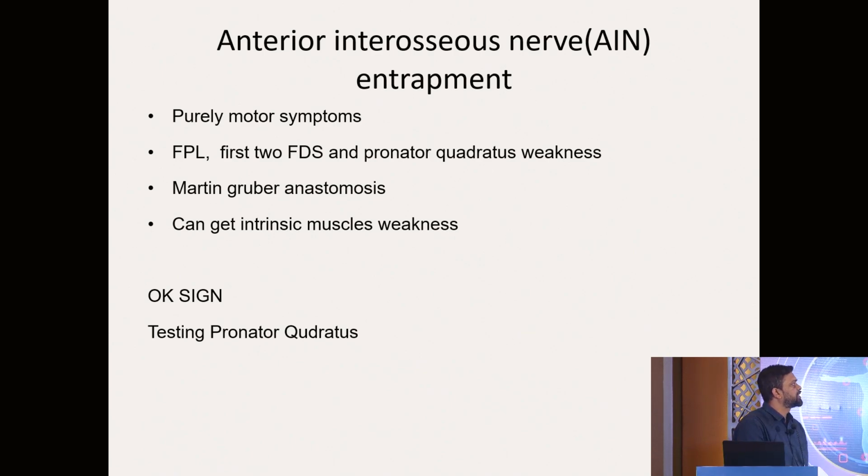When you want to check for the pronator quadratus power, do maximum flexion of the elbow joint and ask the patient to pronate, and you apply the opposite direction force. For the pronator teres, you make the elbow extension and check in extension.